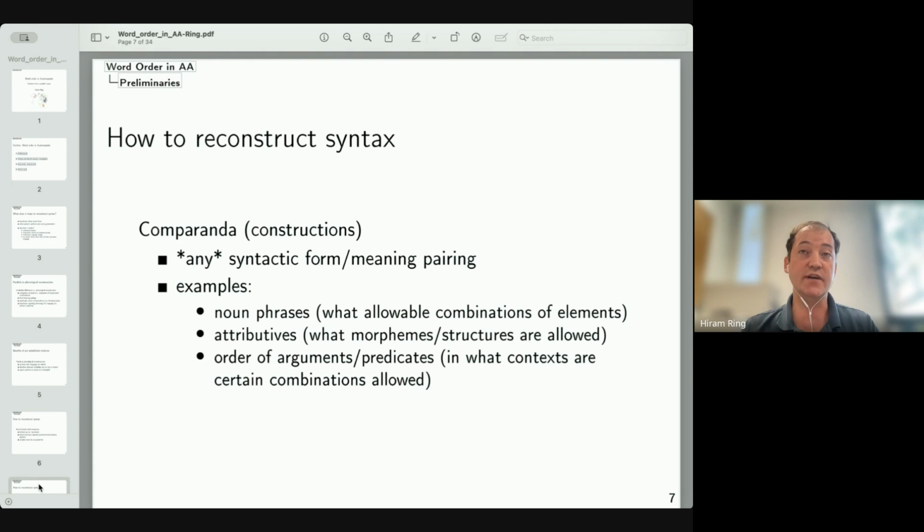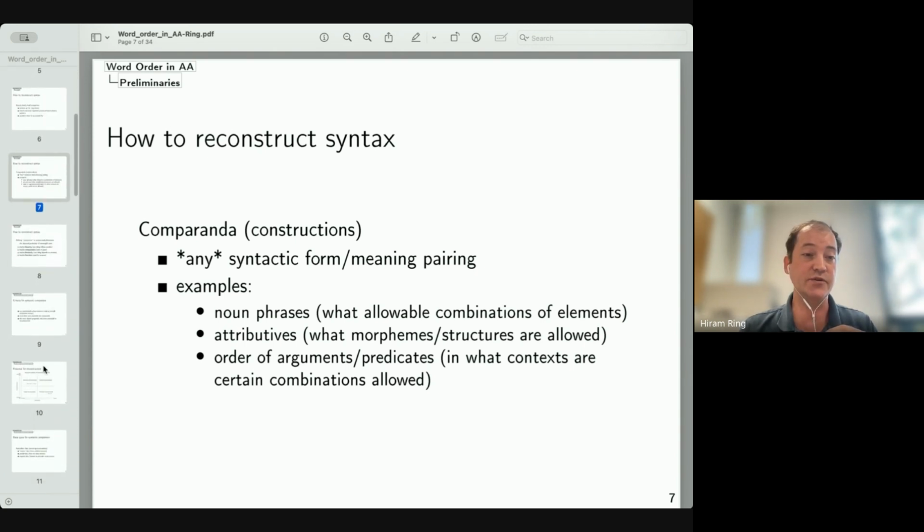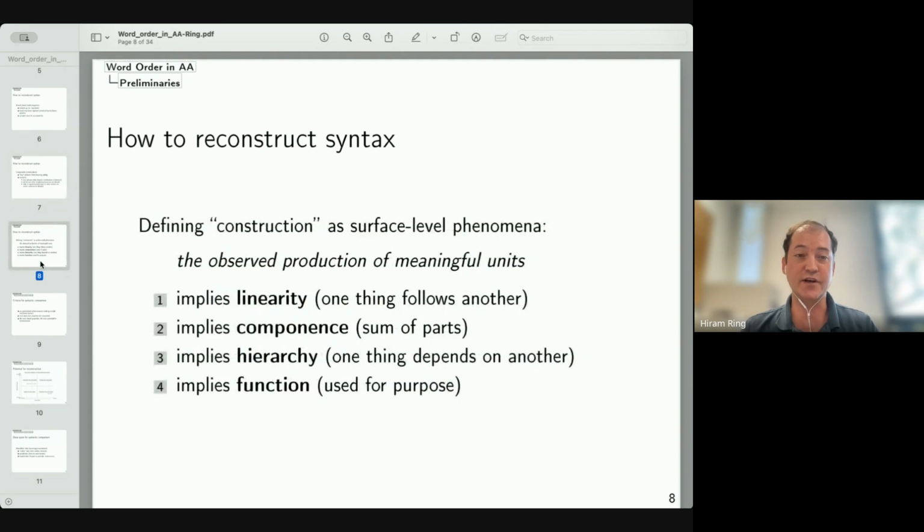Can you reconstruct a particular noun phrase in terms of what's allowed in the noun phrase for each language, and then what the proto-language would have allowed? Attributives, so what morphemes or structures are allowed, and then things like the order of arguments or predicates, word order, in what contexts are certain combinations allowed. And that's what I'm interested in trying to reconstruct.